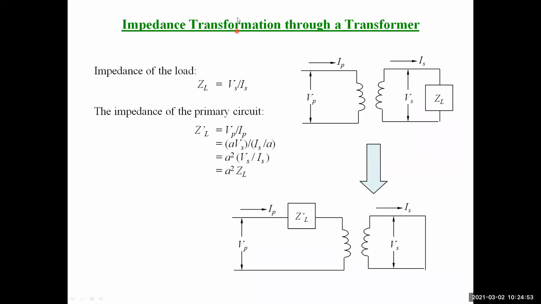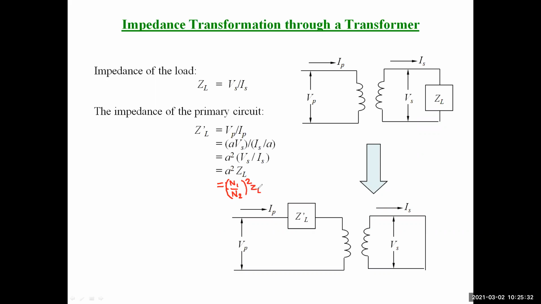This also can be written like this: A square into ZL, where A is nothing but N1 by N2. So it is N1 by N2 whole square into ZL.